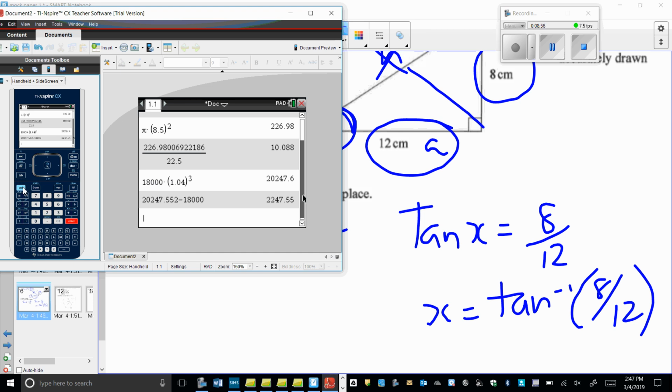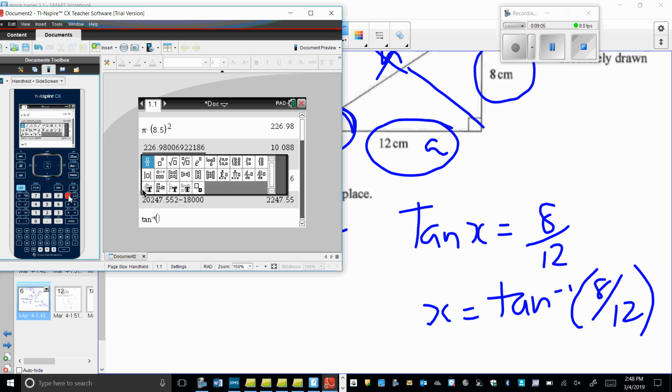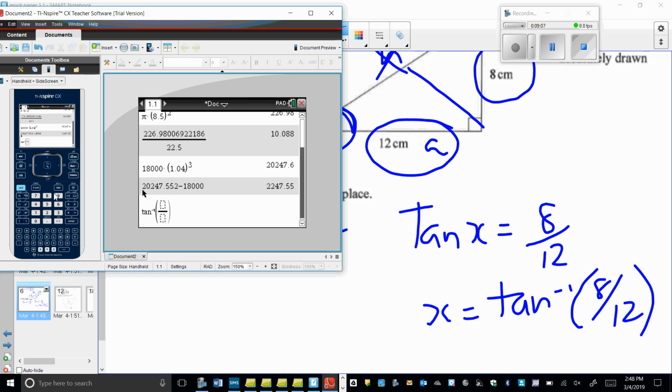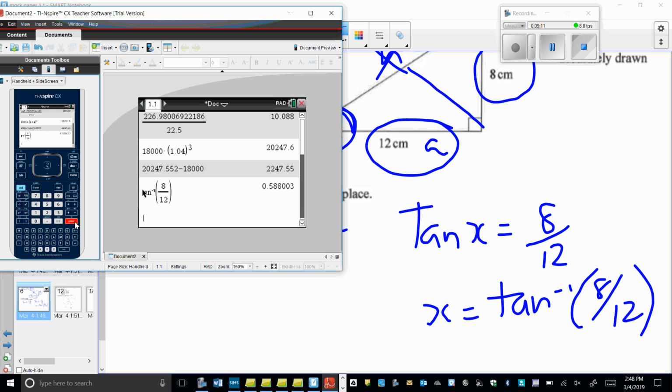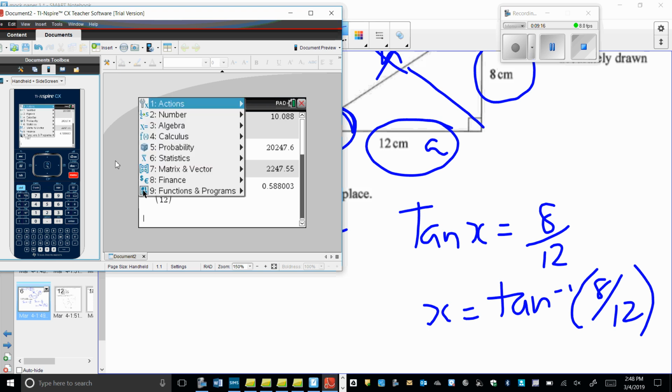So this is your trig button. So tan minus 1 of 8 over 12. I'm in radians. Menu.